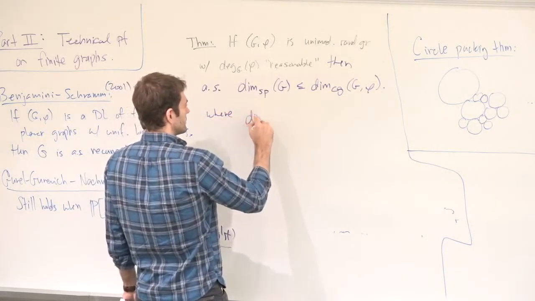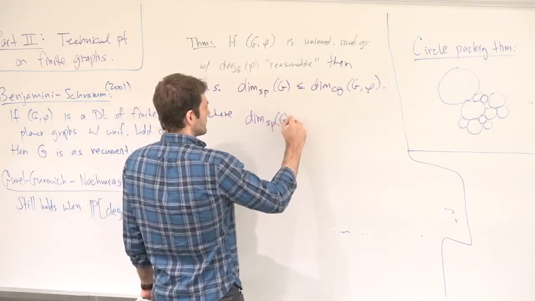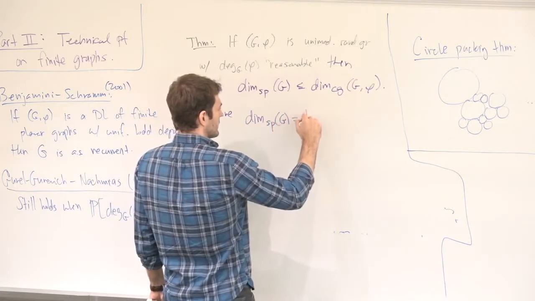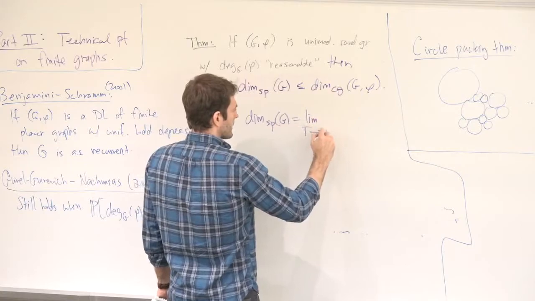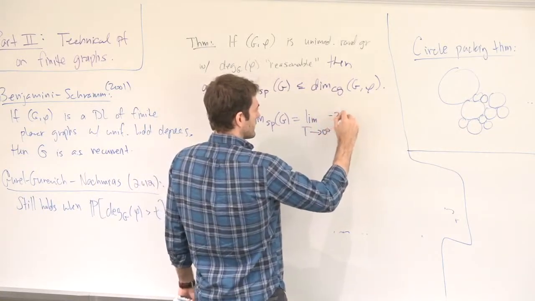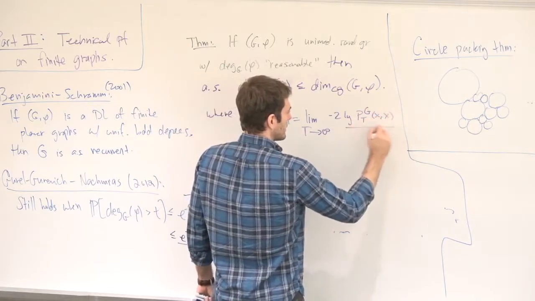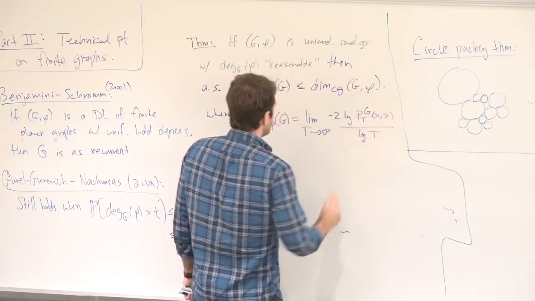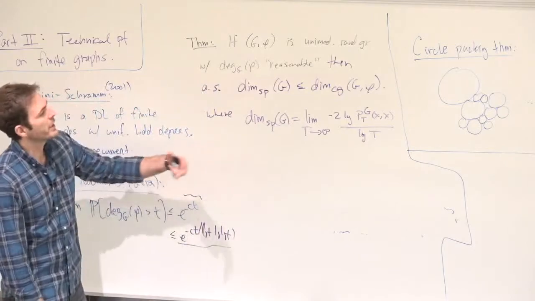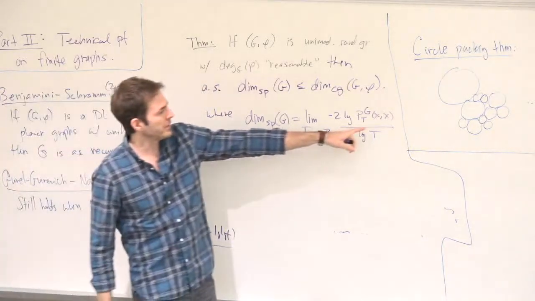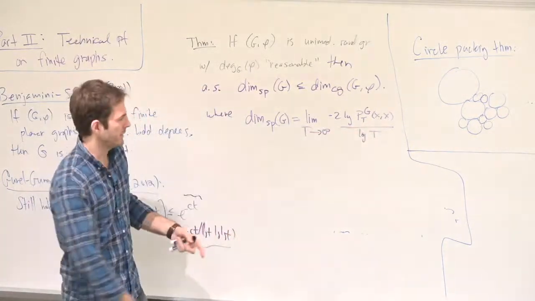So this is this quantity. Okay, so this describes the rate of decay of the return probability to the starting point in terms of the amount of time.